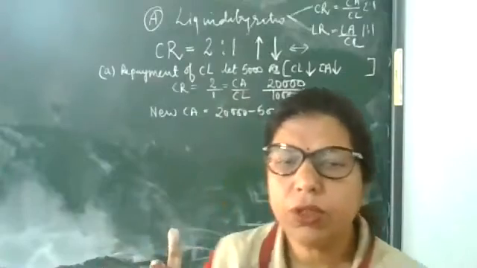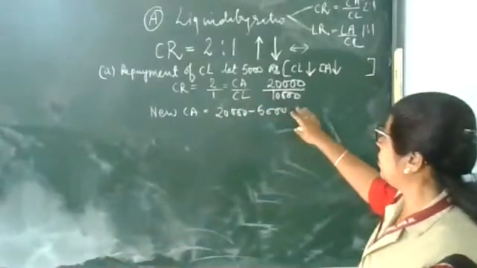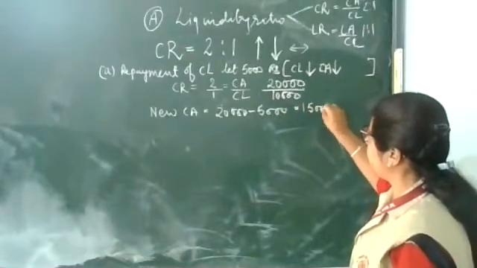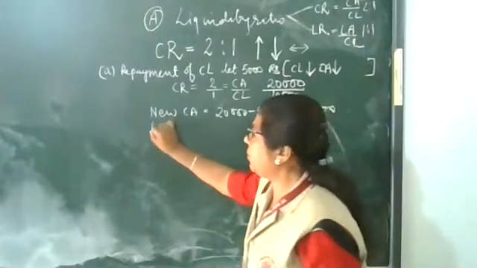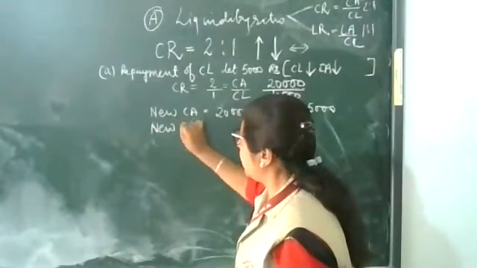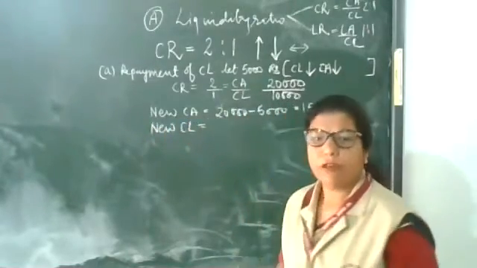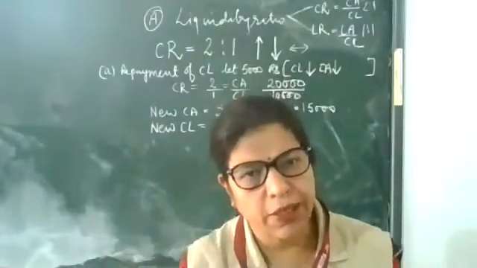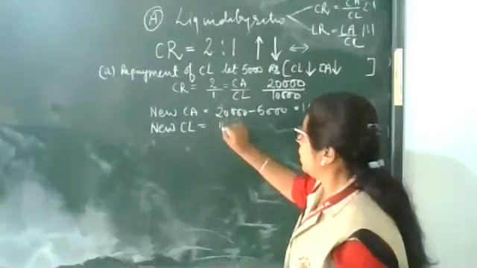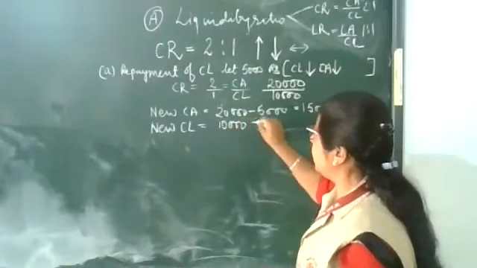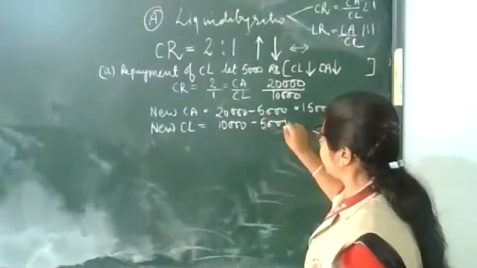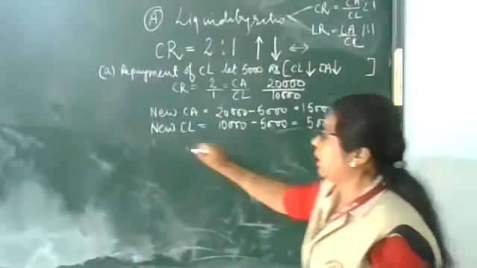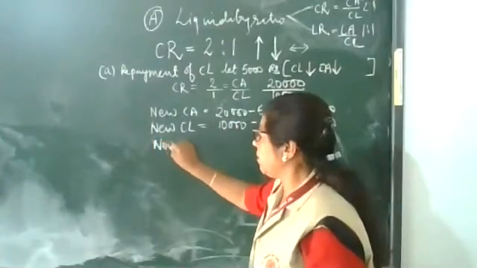So now CA is 20,000 minus 5,000, that will be 15,000. New CL: what will be the CL now? 10,000 minus 5,000, that is 5,000.